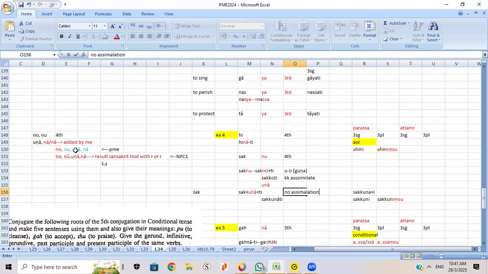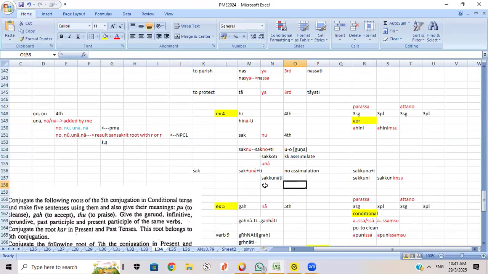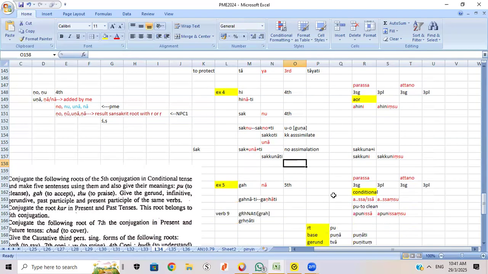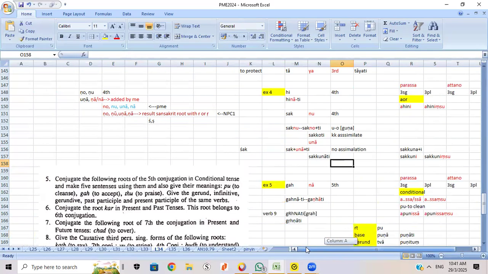That's why you got una. So this is too tough. But you just have to remember it. Here is no assimilation, that's why it becomes the UA. You ask me to explain further, I also cannot really explain further.